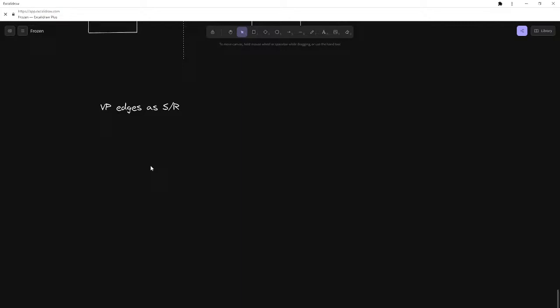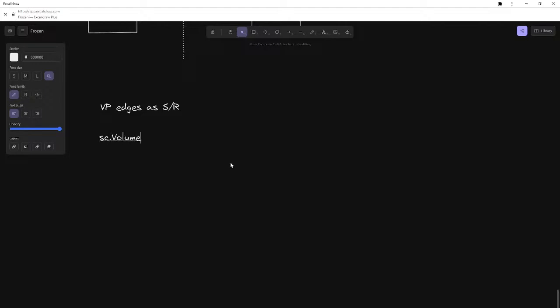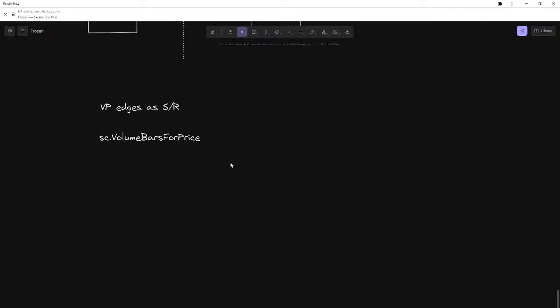It maybe doesn't have as much data, or I guess Sierra is very protective about that volume by price data. No, it was recently exposed. There's a function, I think it's called something like volume bars for price, or something similar to this.